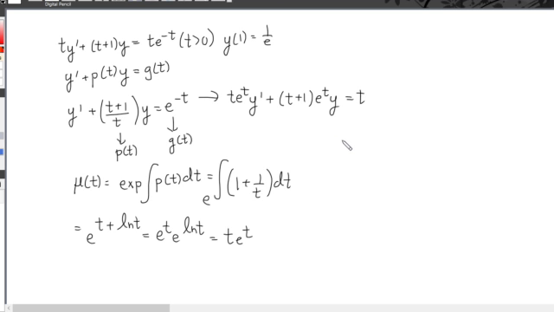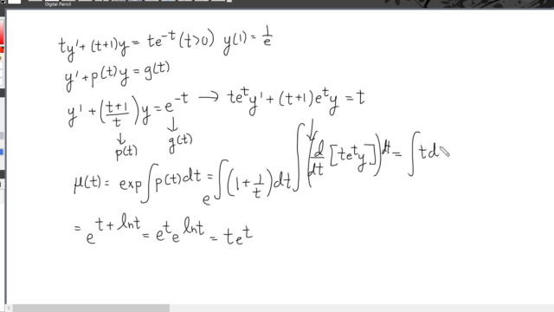Okay, let me just double check. Then, using the same way of thinking as in the previous problem, we can see that the left side is just the derivative with respect to t of t times e to the power of t times y. So we can integrate this, setting it equal to the integral of t dt.